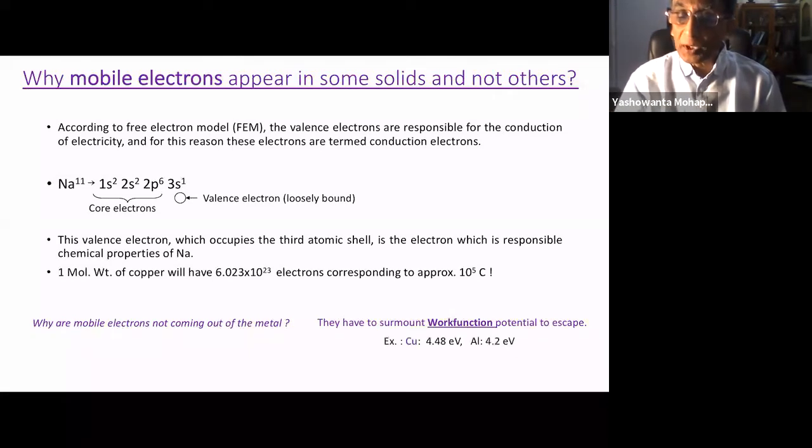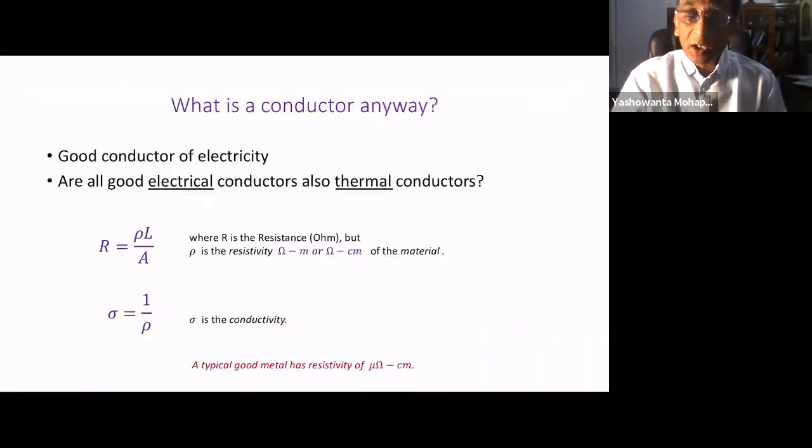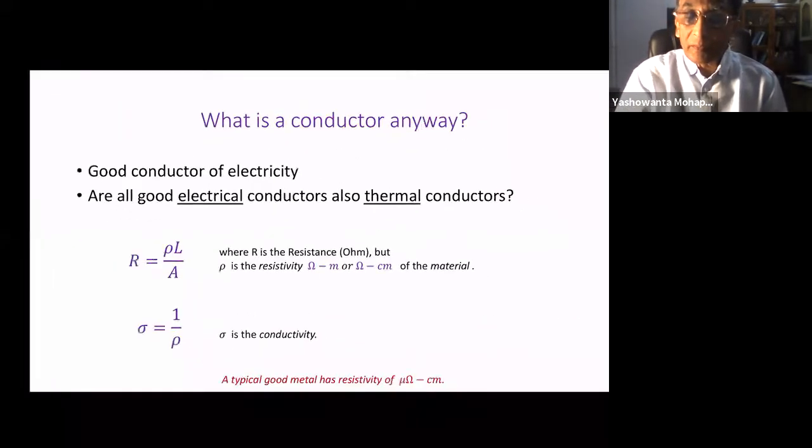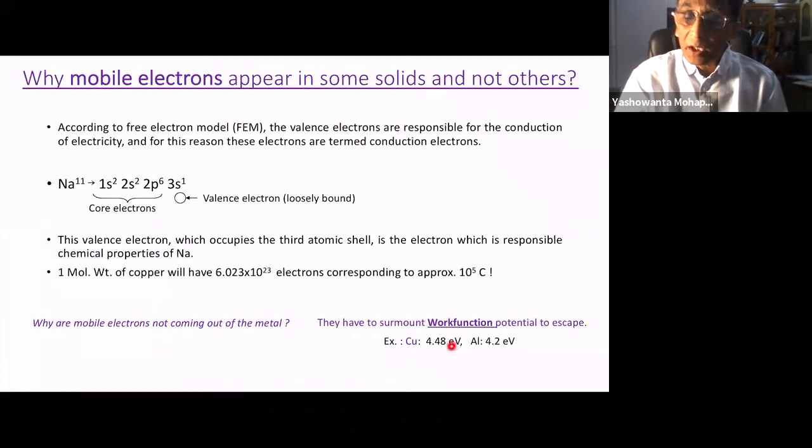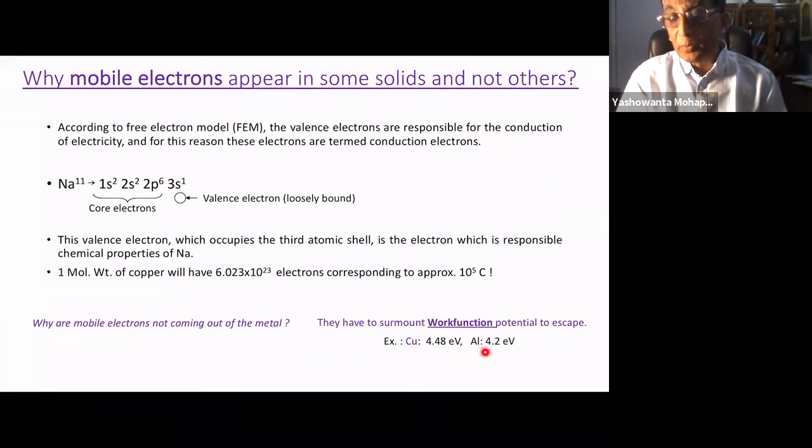What is the typical work function? Electrons in copper would have to overcome about 4.48 electron volt. In aluminum, it's 4.2 electron volt. We use these values every day in the lab to make devices. The work function is an important quantity while making devices.